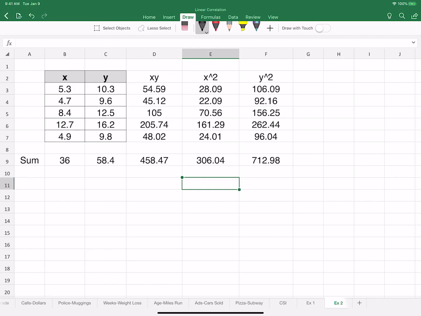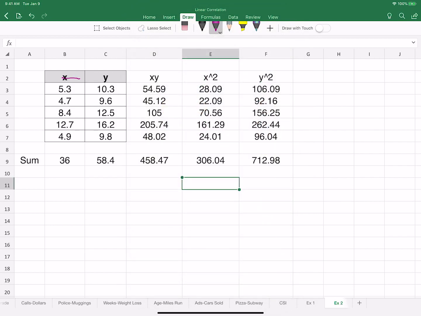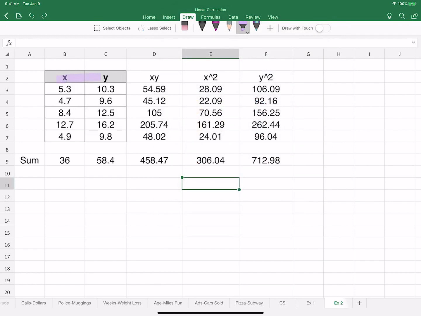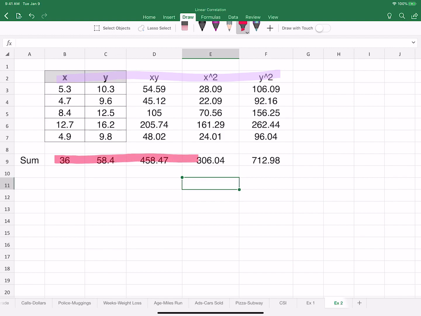I think this is the highlighter. Undo. Here's a highlighter. Where's our purple? That's the pink. Lavender. And then down here we need some red. This is all the values we're looking for. Is that true? Okay, you guys okay with that?